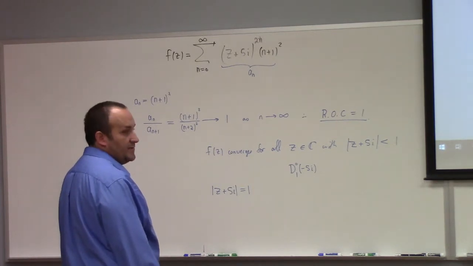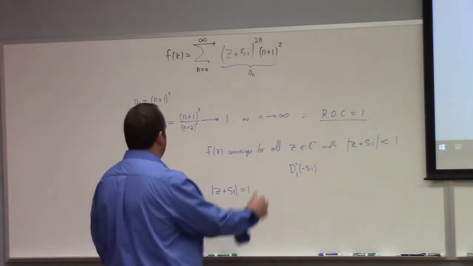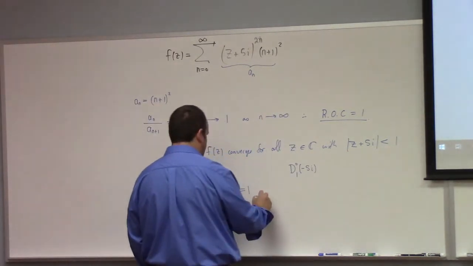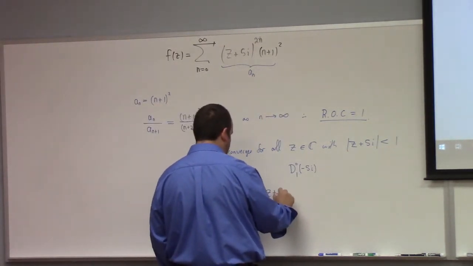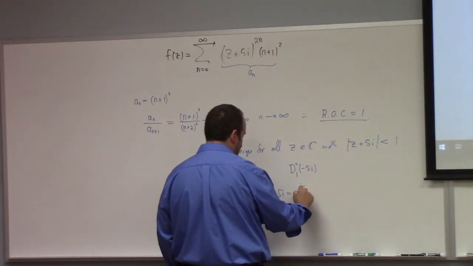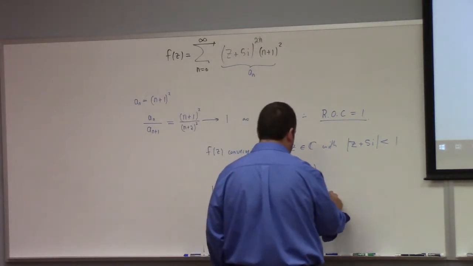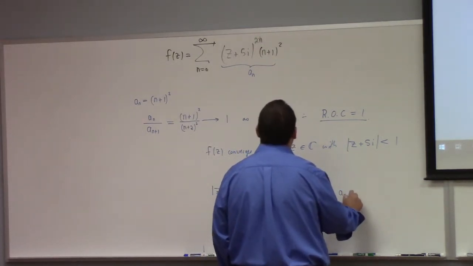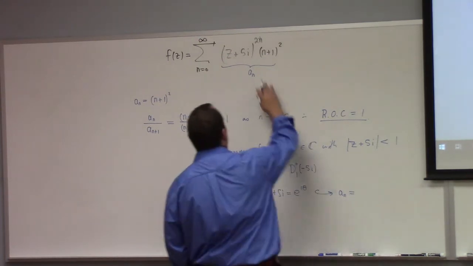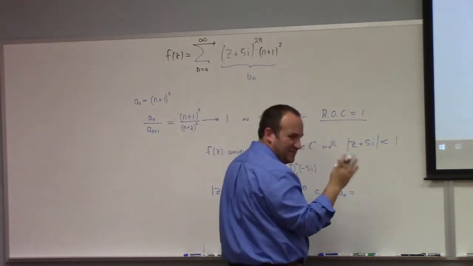I think yeah, because then you'd have your term. We could say z plus 5i equal to, let's say, e to the i theta. And so then my a sub n would be, well, not a sub n. I'll call this whole thing b sub n, because we used a in a different sense.